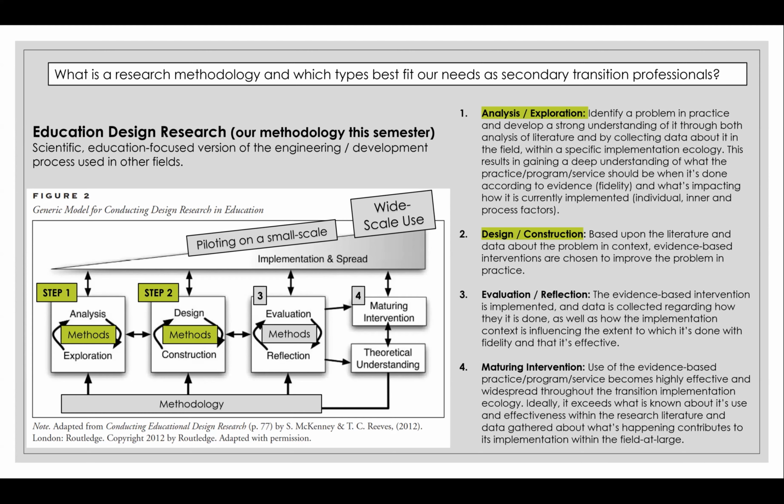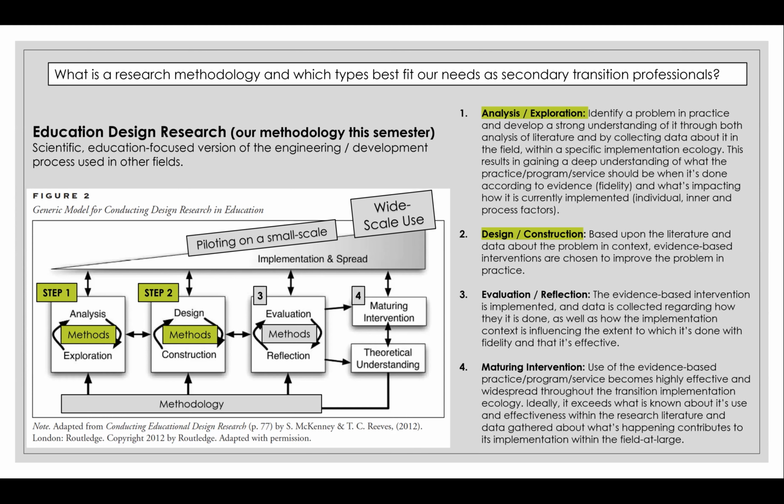So how often practices occur, when they do, how effectively they occur, and the wide range of factors that may be influencing the frequency and effectiveness of those practices, programs, or services. So this is all part of analysis and exploration. This is that first step of this 4-step process of education design research.